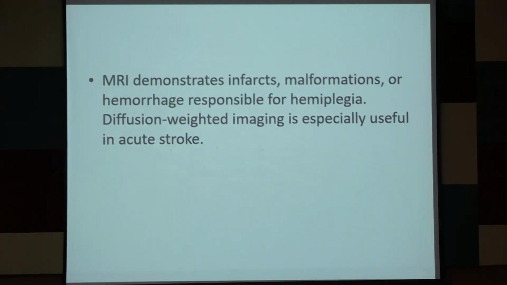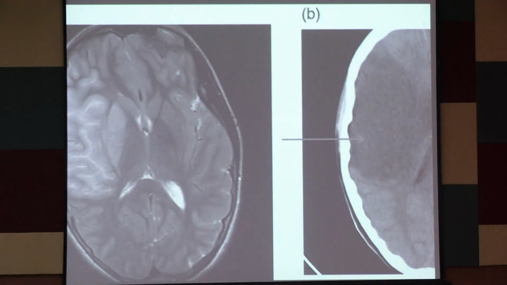We will not discuss the MRI in detail, but look at the type of things you can see here. In this area, there is comparatively more amount of water. Right? This indicates ischemia, cortical ischemia.